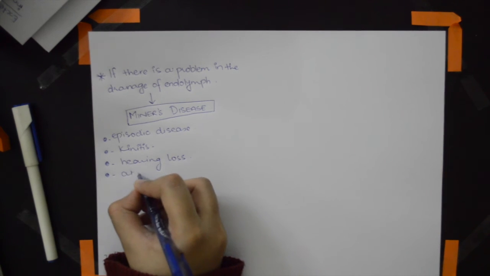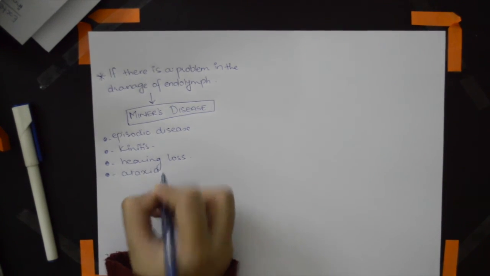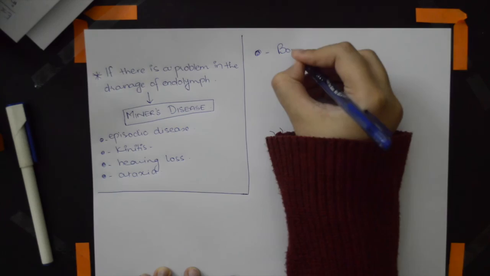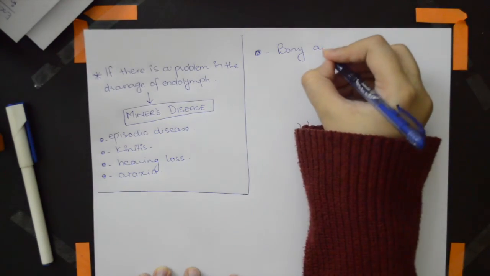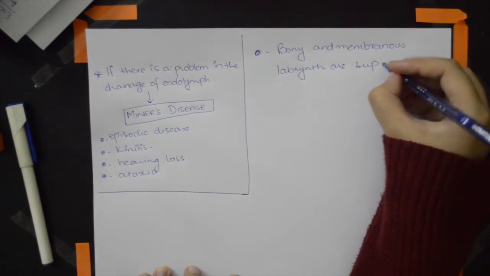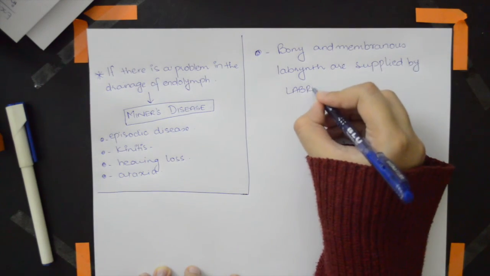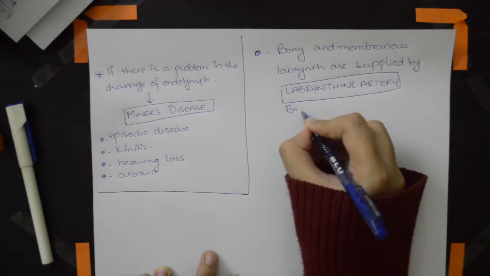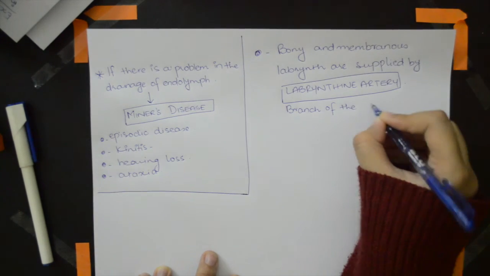And there is ataxia. The bony and the membranous labyrinth are supplied by the labyrinthine artery. It is a branch of the basilar artery.